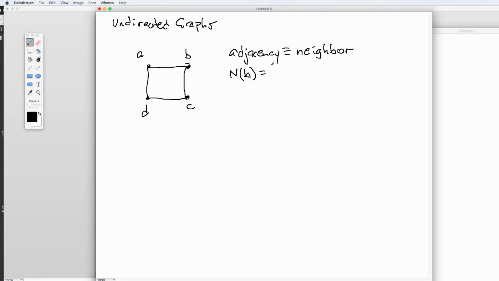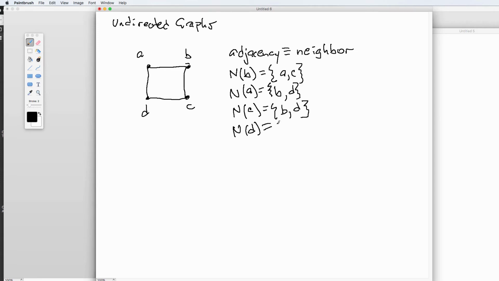So in this case, N of B is equal to the set A and C. And likewise, if I want to come along here, I can compute these other neighborhoods, if you will. So the neighborhood of A would be B and D. And the neighborhood of C would be B and D. And the neighborhood of D would be A and C.